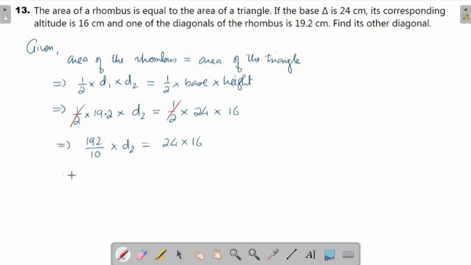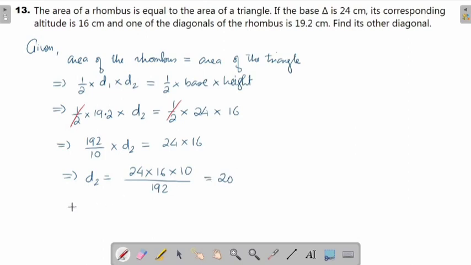So keep D2 here. This 10 goes up, so it becomes 24 into 16 into 10, and divided by this 192, which comes to the denominator. When you simplify this and do the cancellation, you find that this turns out to be exactly 20.